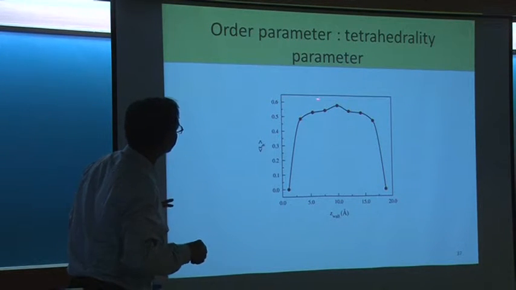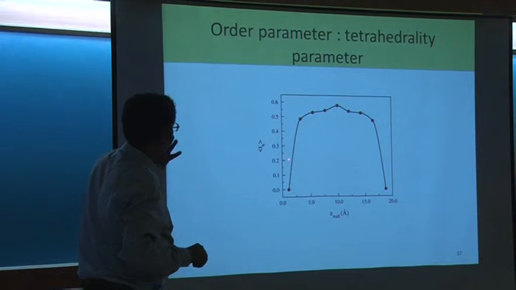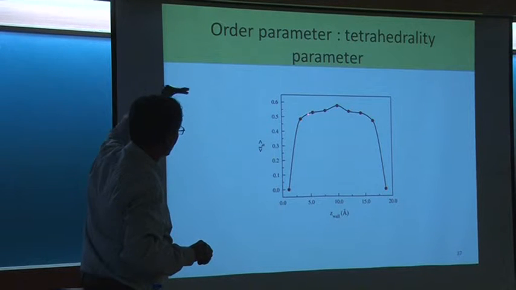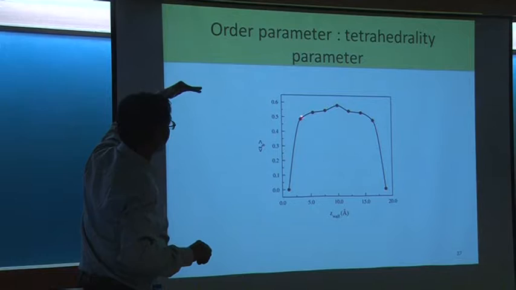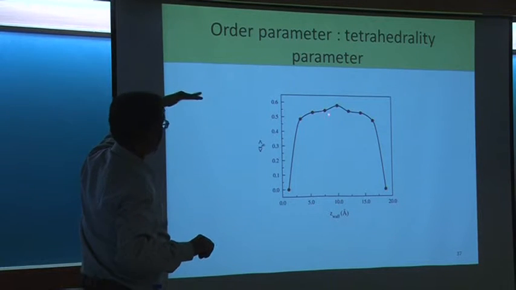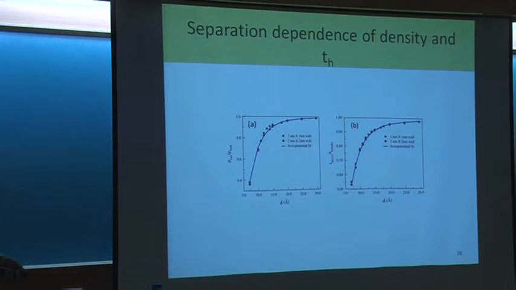Somewhere here is the bulk, and this is about 20 or so, and the magnitude of orientation order is depressed, and this is the reason for your hydrophobic force law, because that is enthalpic.